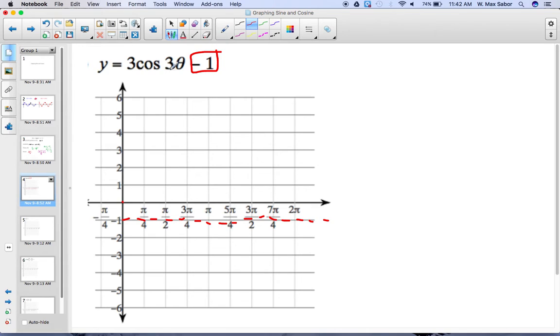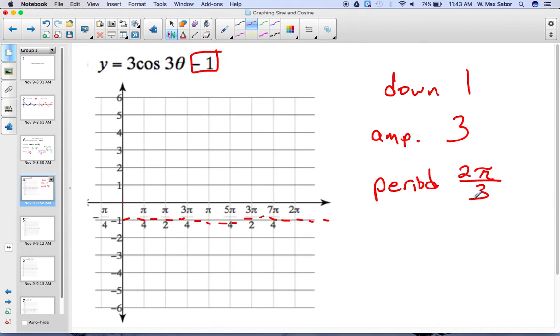So let me write these out. The shift is down 1. There's no phase shift. We have an amplitude of 3, and then based on this 3 here, we have a period of, what would that be? 2 pi over 3.